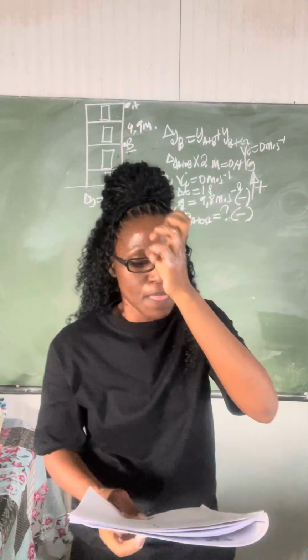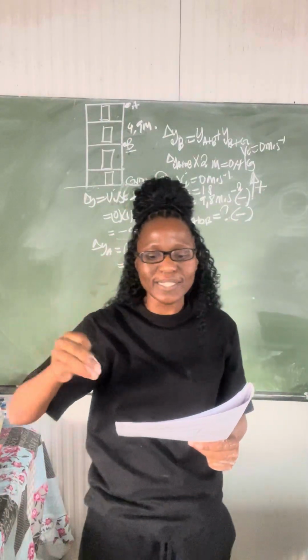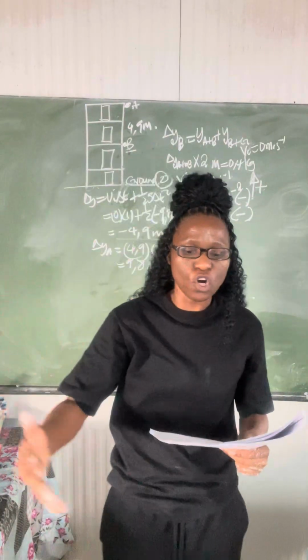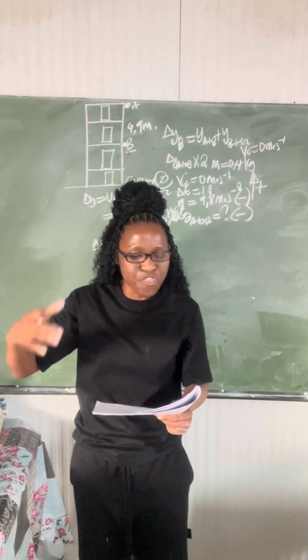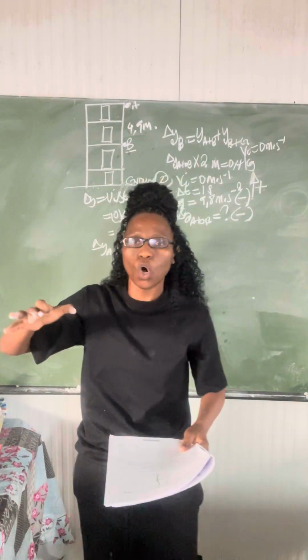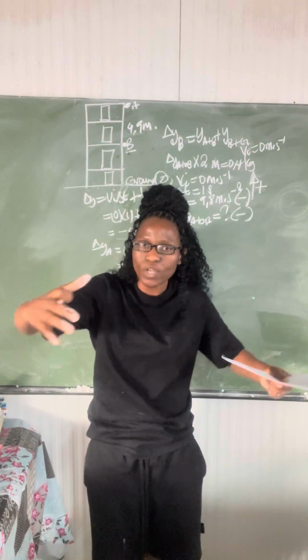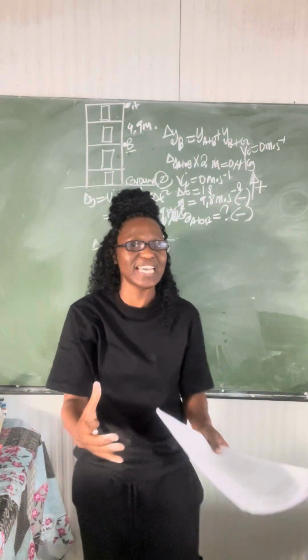They are saying here, when the ball strikes the ground, it is in contact with the ground for what? For 0,2 seconds, and then bounces vertically upward. So we are told that after it is dropped, it then strikes the ground. It was in contact with the ground for 0,2 seconds.